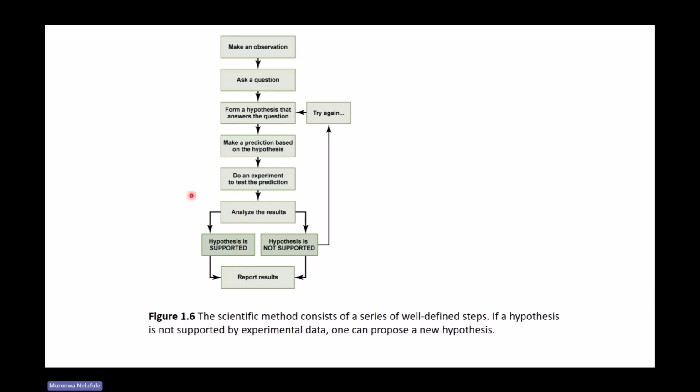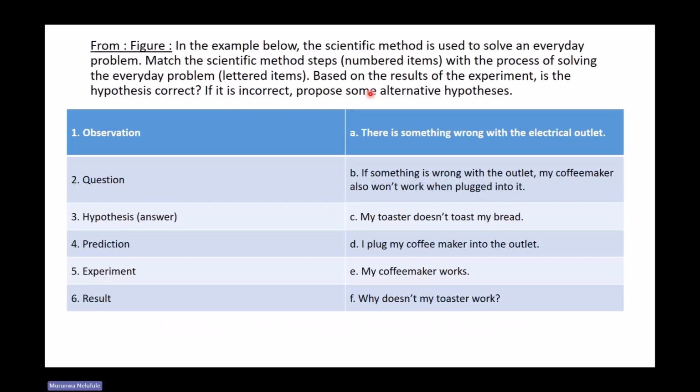When you analyze the results, they will either support the hypothesis or the hypothesis will not be supported, then you will report the results. If the results are not supported, you try again. That's simple as that.